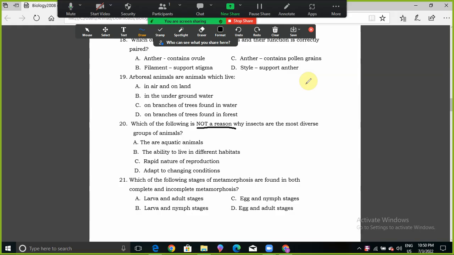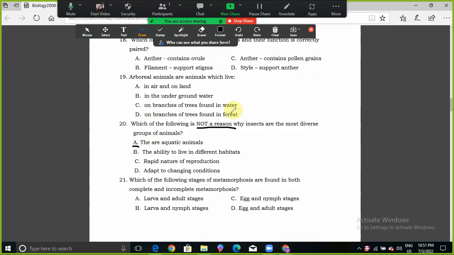But insects are the most diverse groups of animals because of the ability to live in different habitats, and also the rapid nature of reproduction, and they can adapt to changing conditions. So B, C, and D are reasons, but the one which is not a reason is A, that they are aquatic animals.